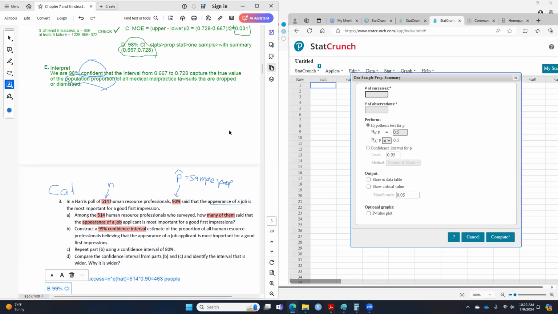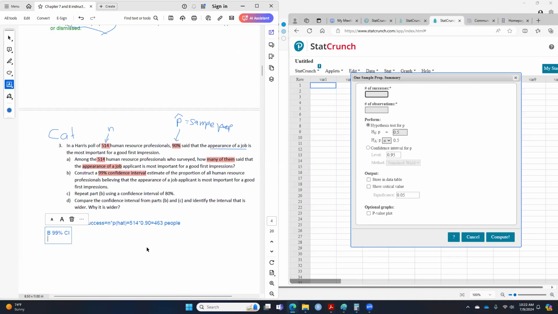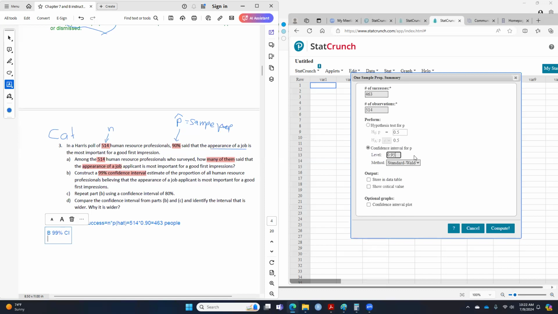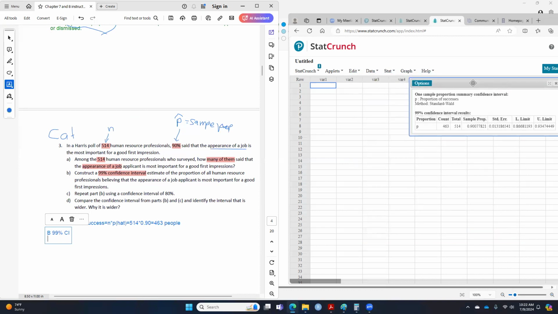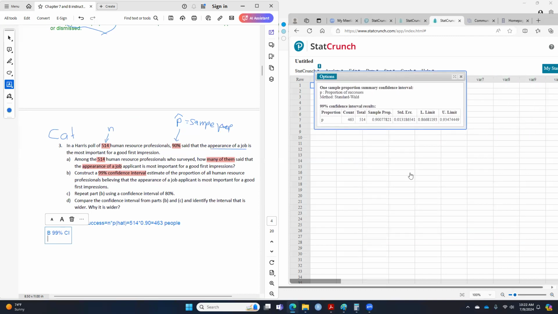For the number of success, your x is 463, the one you just calculated in part A. The number of observations is 514. Then you click on confidence interval and change this to 99, or 0.99, because the question asks for 99%. When you hit compute, you get the confidence interval.